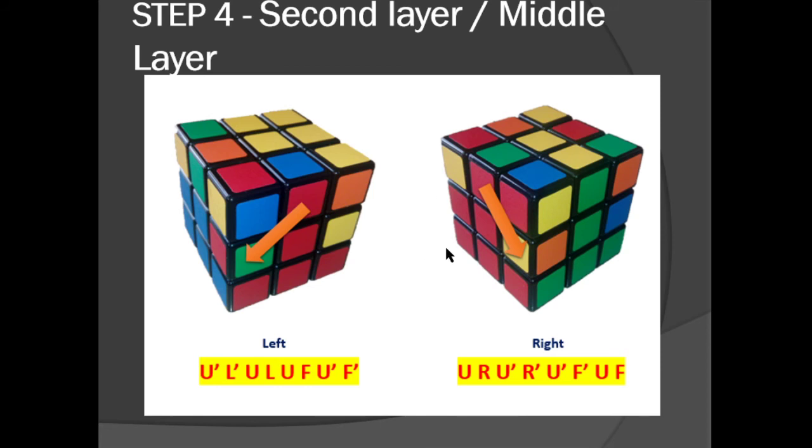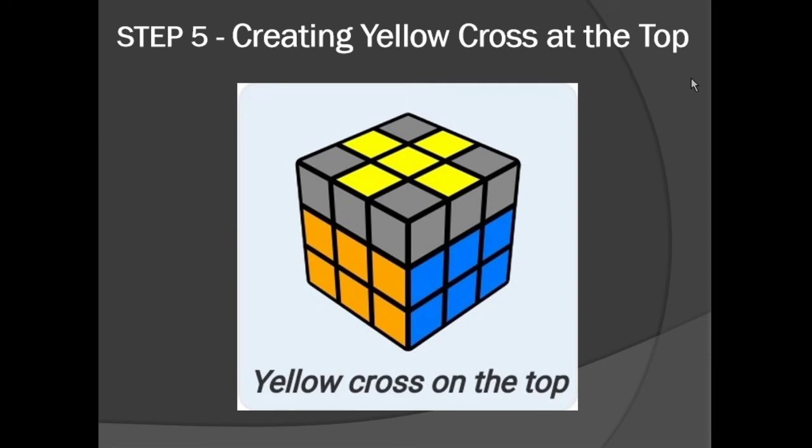And if you want an edge to go to the right side, like in the figure, you can use this algorithm: U, R, U prime, R prime, U, F prime, U, and then F. Again, remember U stands for up, R for right, and F for front. That's the simple way of solving the second layer of your Rubik's Cube.